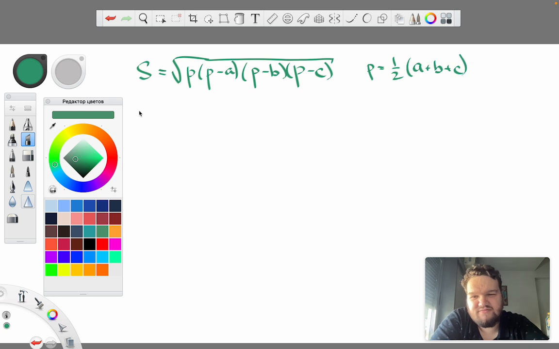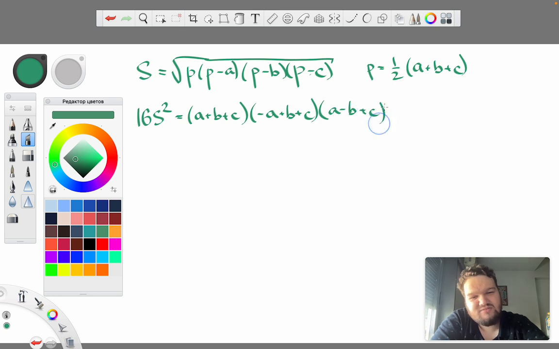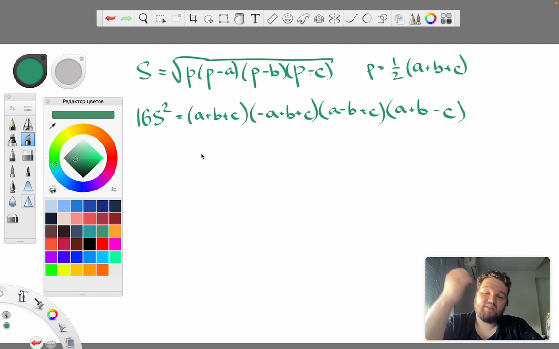So if we have 16 S squared, then we remove the square root and multiply all the four multipliers by 2, so we will have a plus b plus c times minus a plus b plus c times a minus b plus c times a plus b minus c. So that's the number that will be output.